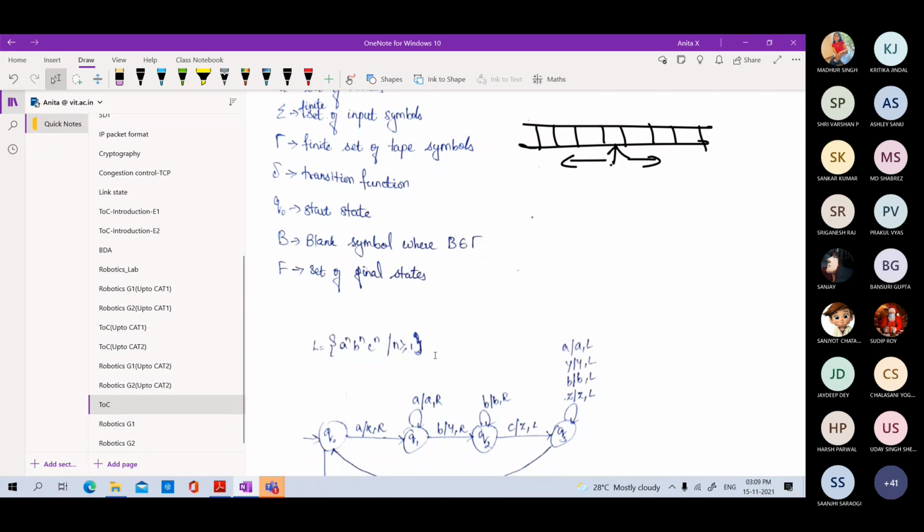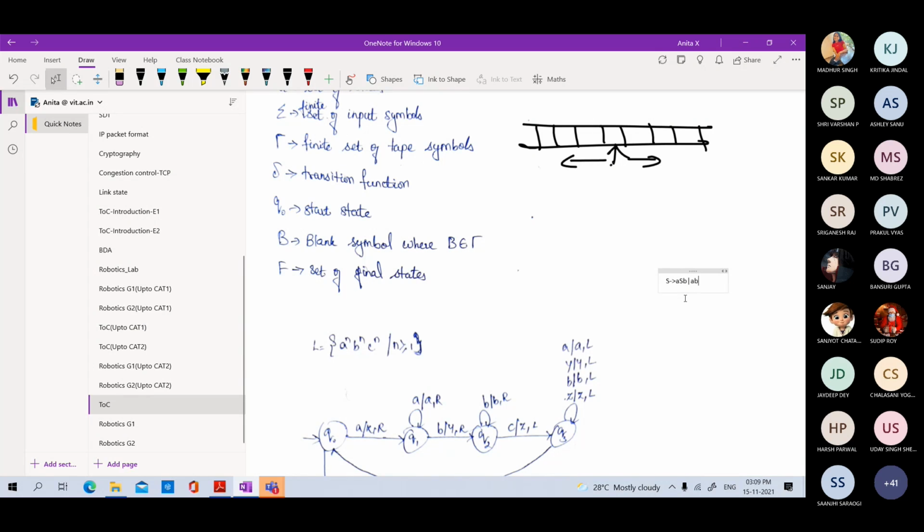What is the grammar for A power n, B power n now? For A power n, B power n, it is S derives aSb, or S derives ab.